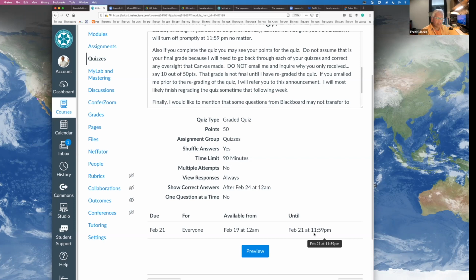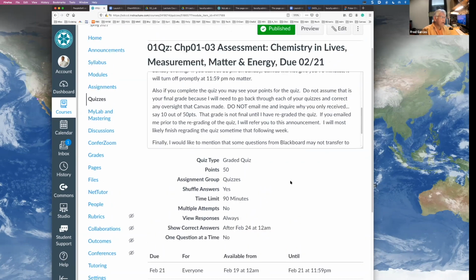And also try not to take it like at 11:30 Sunday evening, because it'll shut down by 11:59 Sunday, no matter what, even if you don't have the full allocated 90 minutes. It is open book, open notes, no open friends. So if you have your book, you can use that. So please keep that in mind. That's next week, okay?